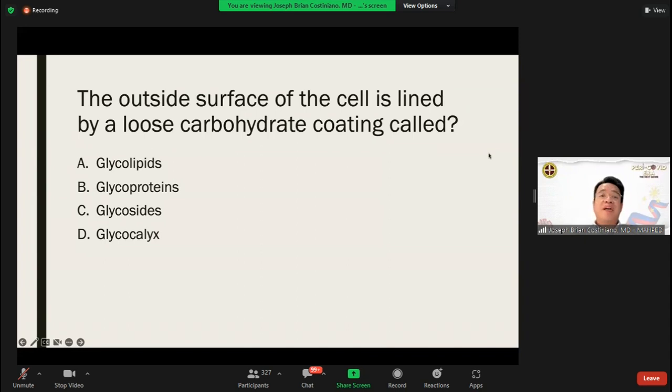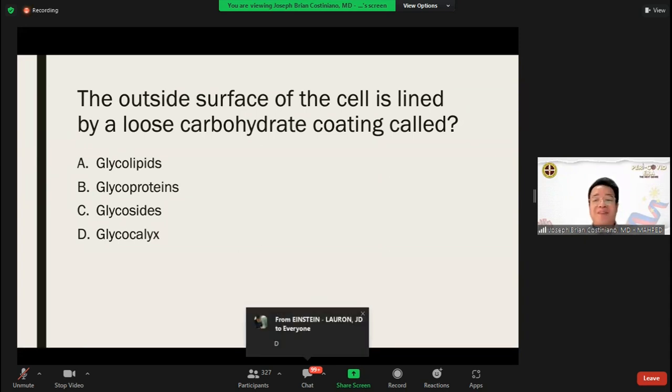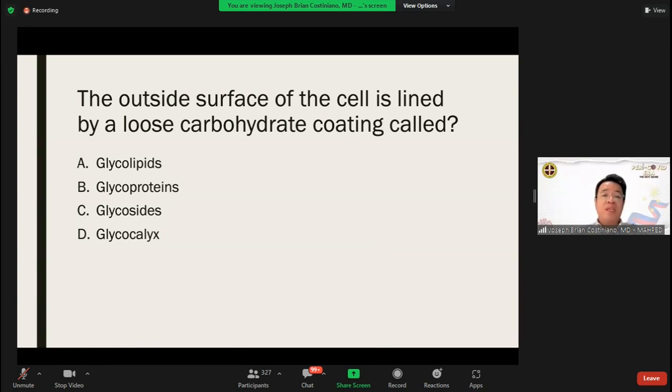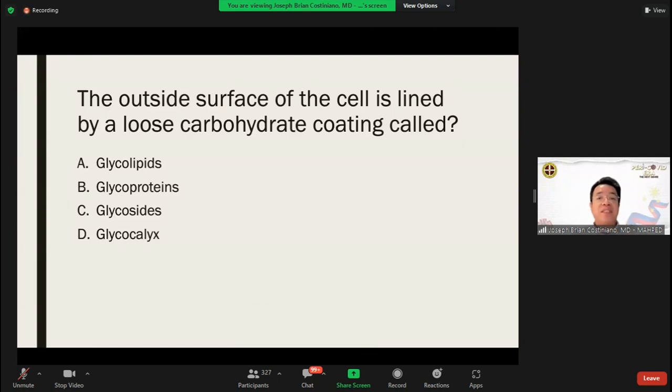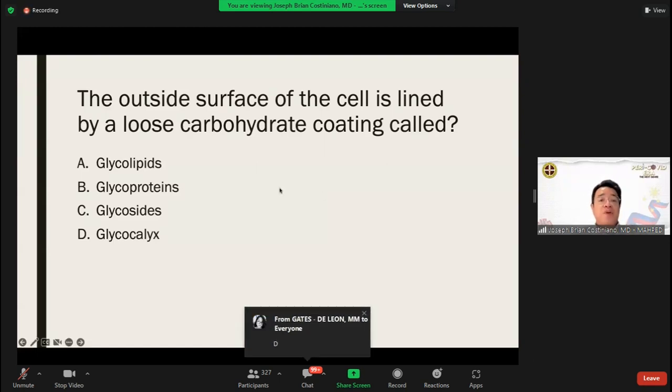The outside surface of the cell is lined by a loose carbohydrate coating, no? Called, is it A, glycolipids, B, glycoproteins, C, glycosides, or D, glycocalyx? Of course, nasabi ko na kanina, it is letter D, glycocalyx, no? Glycocalyx.